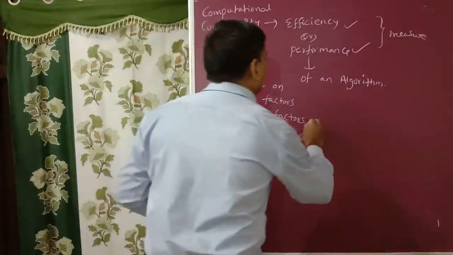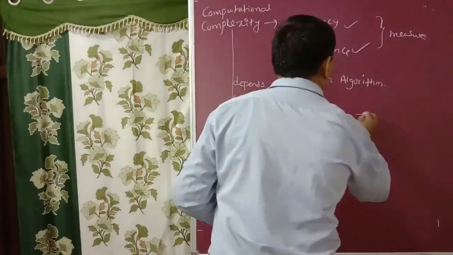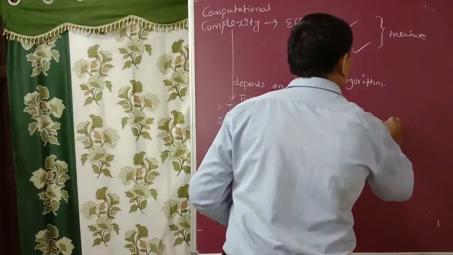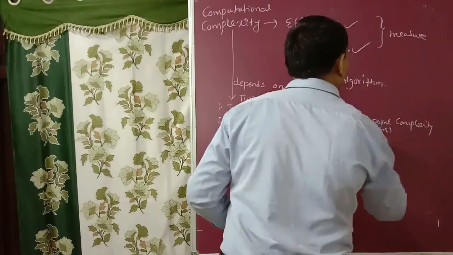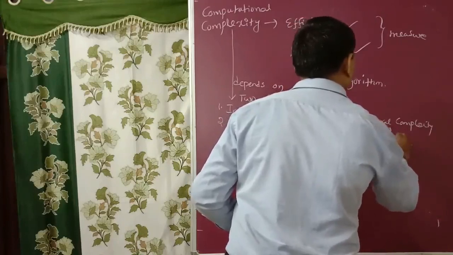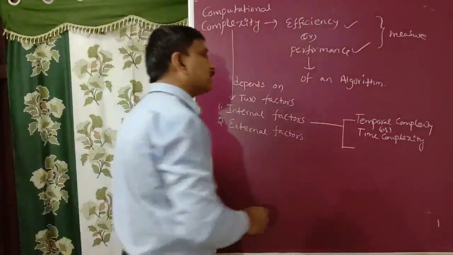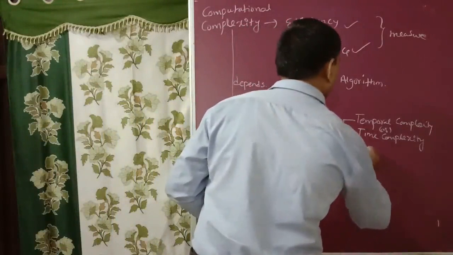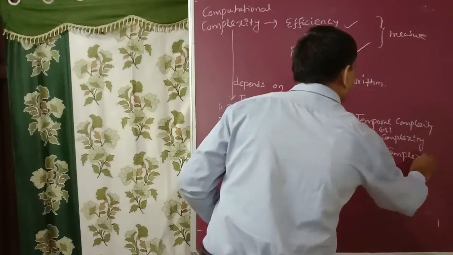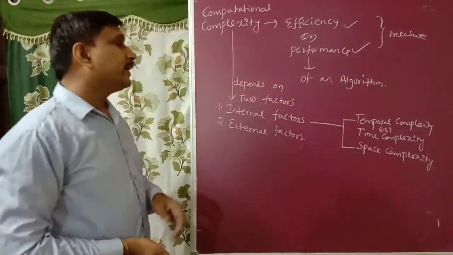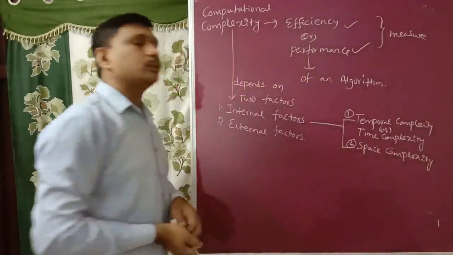The internal factors are temporal complexity, which is also called time complexity, and space complexity.